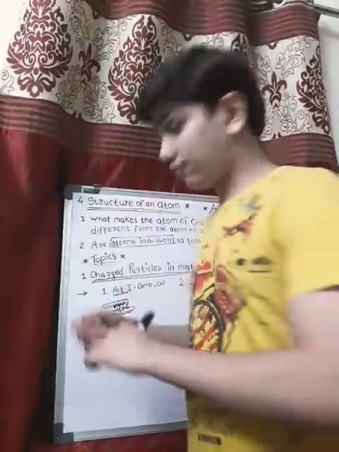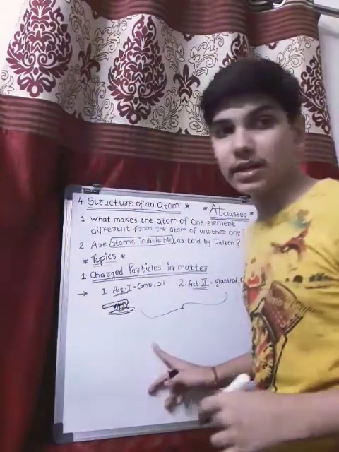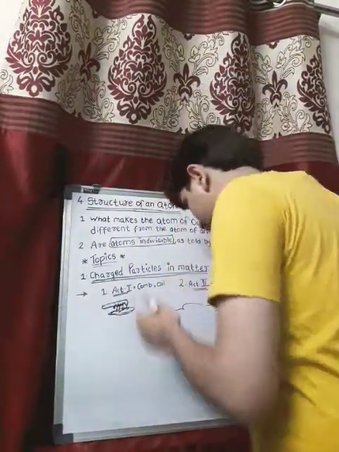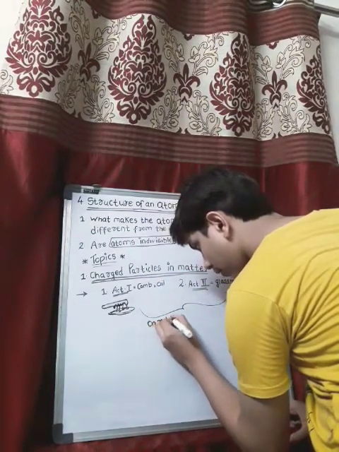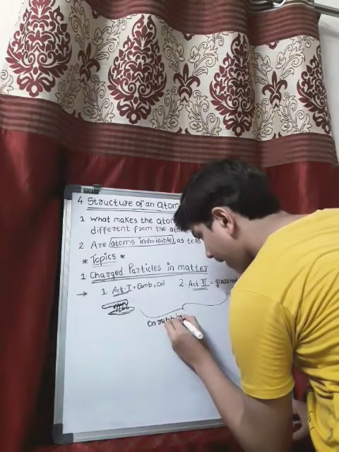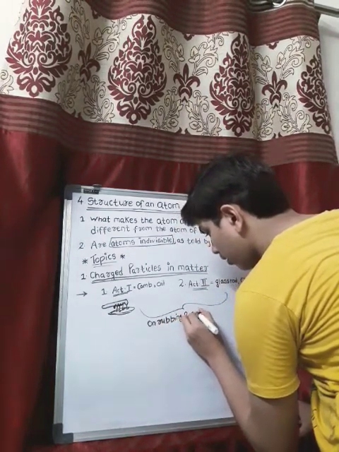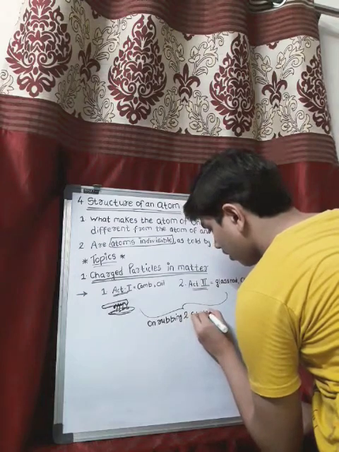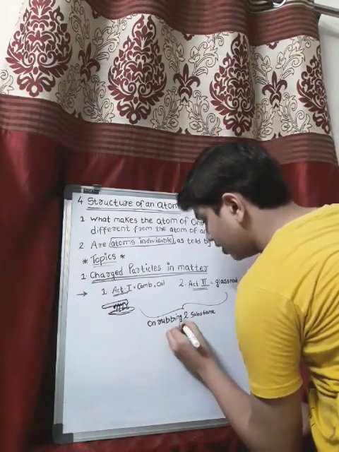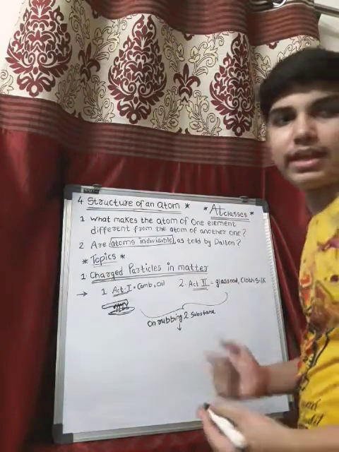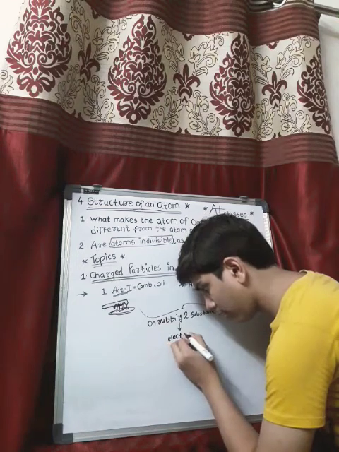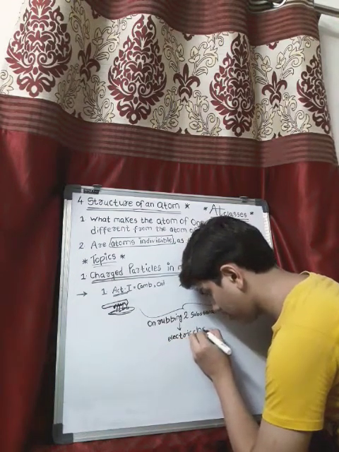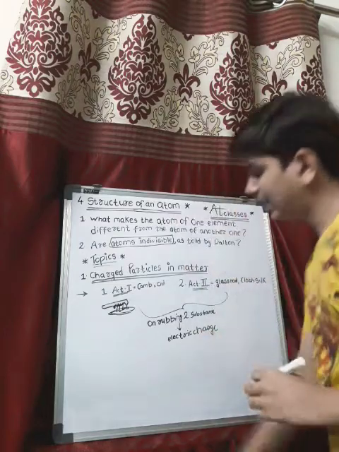Now from these two experiments we conclude that on rubbing two substances, they produce electric charge.